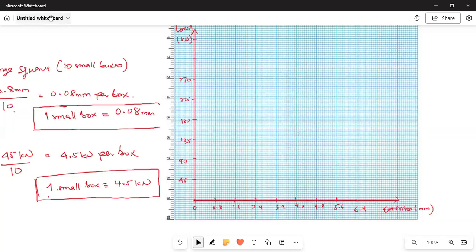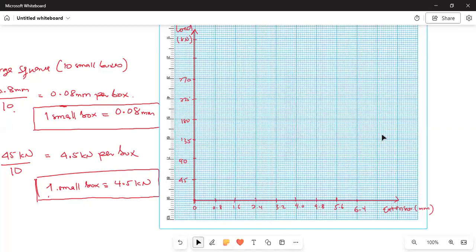Any question up to this stage? Any question? Yes, at the back. Sir, please, I have no idea concerning the load extension graph, so I wanted help with it.